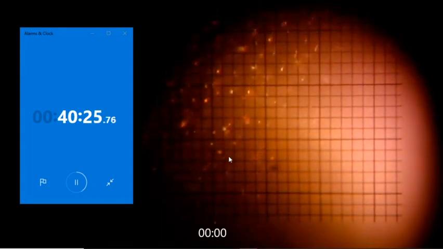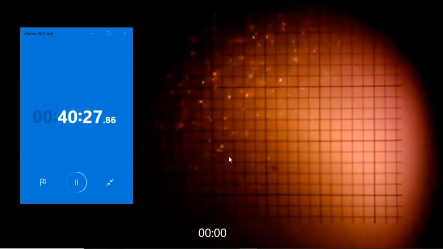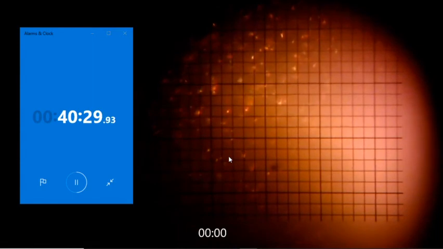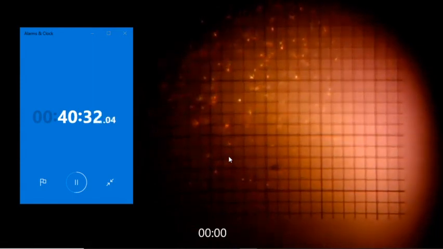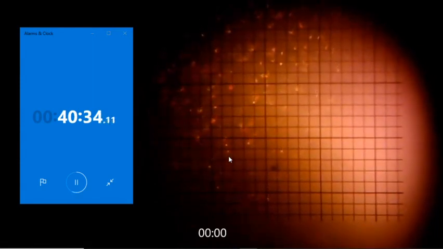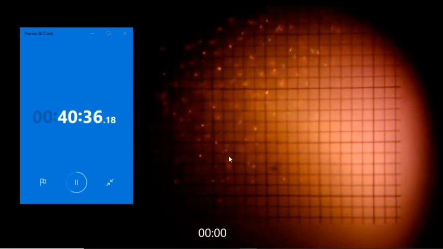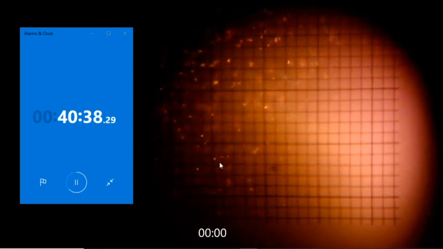Oh, the last one was actually in very good focus. Yeah, you can see them in and out of focus, which is kind of nice.